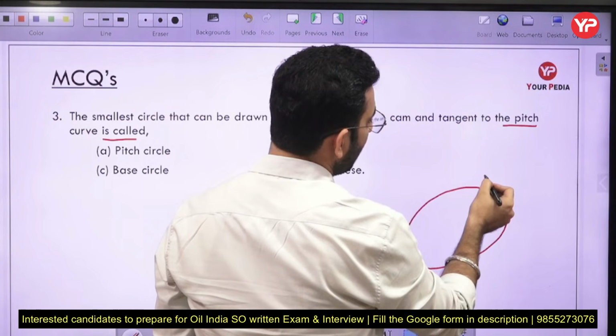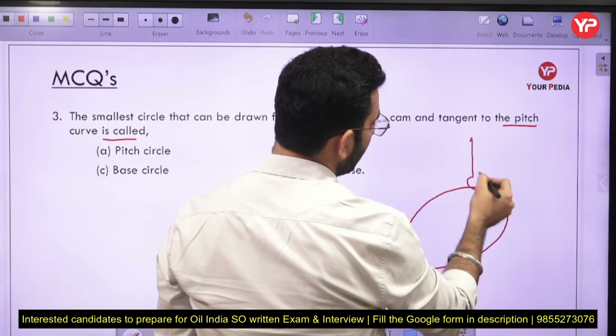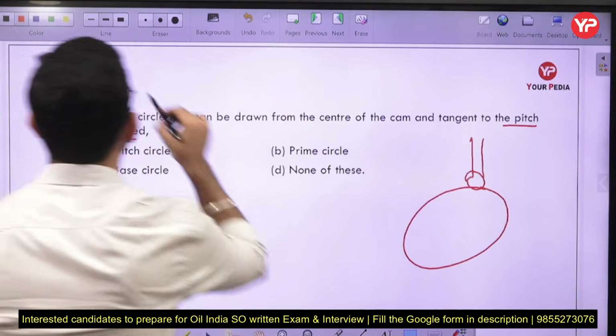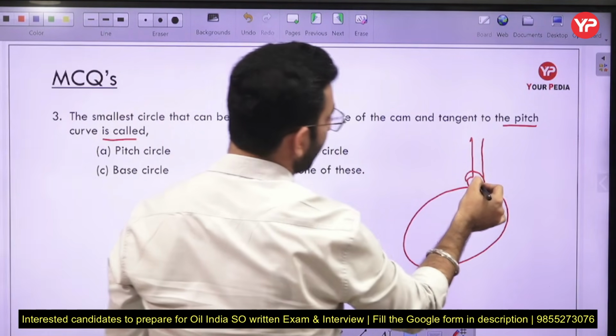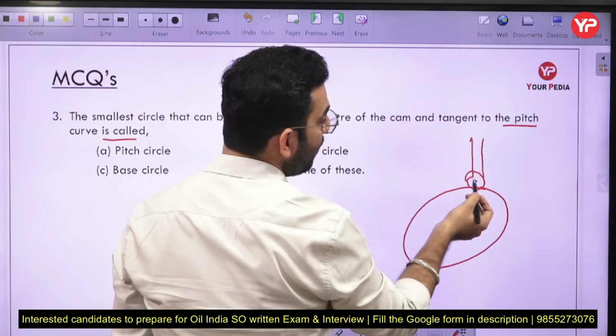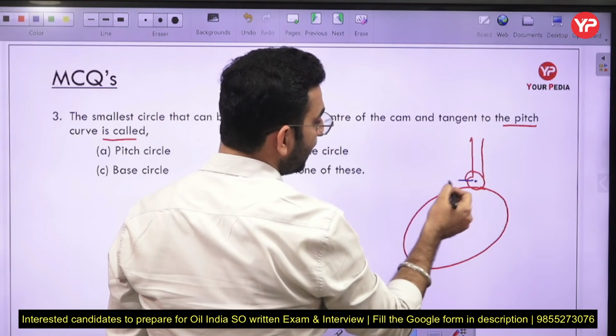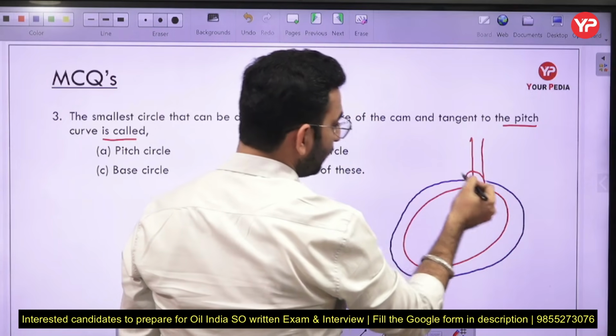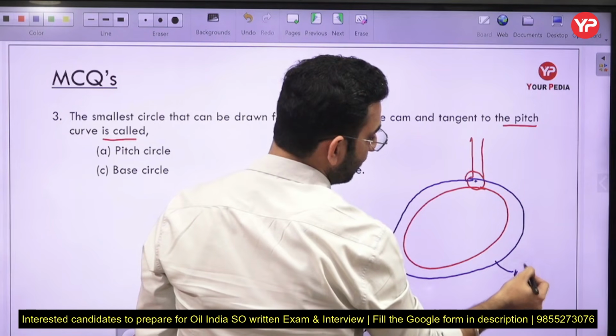In the case of a roller follower, first I locate the trace point, let us say at the center of the roller. If I fix the cam and rotate the follower all around the cam profile, you will find the curve which is known as the pitch curve. So this is the pitch curve.